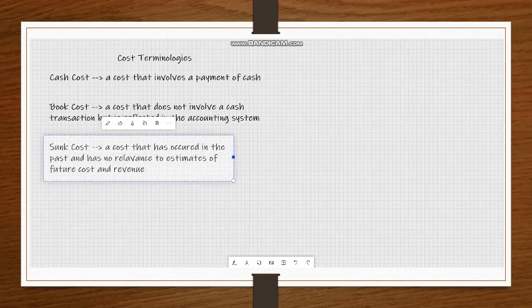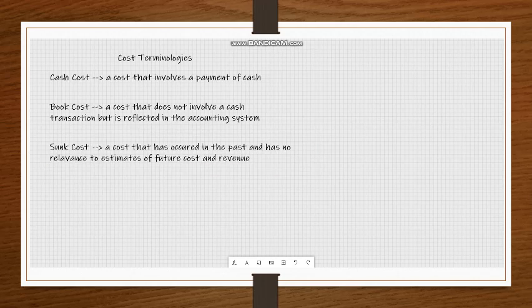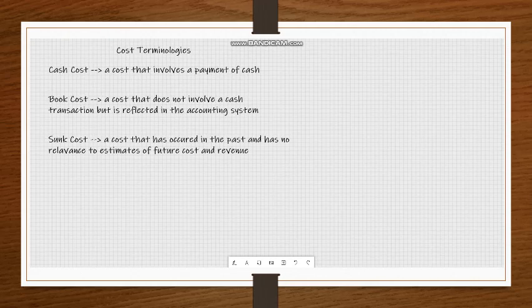So it occurred in the past, but it is not relevant; it is not affecting the revenue or future payment.